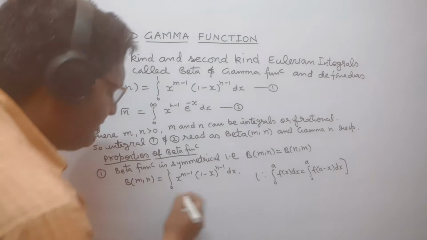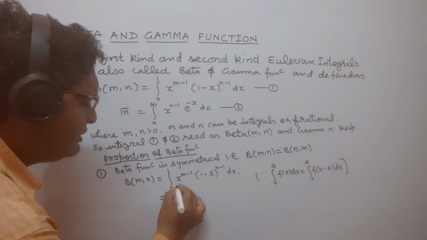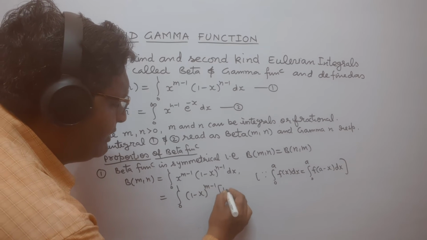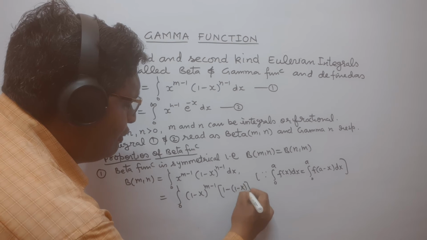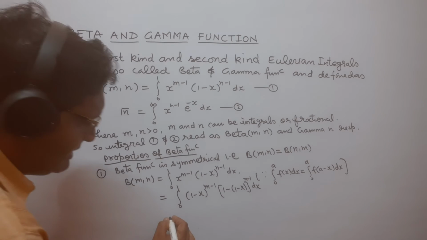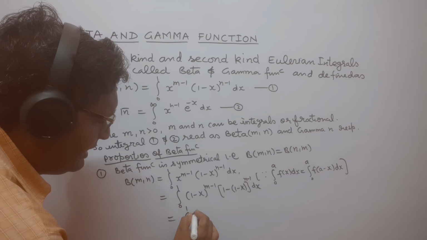So using this property, we write integral 0 to 1 (1 minus x) to the power m minus 1, and here (1 minus x) whole power n minus 1 dx becomes 1 minus (1 minus x).